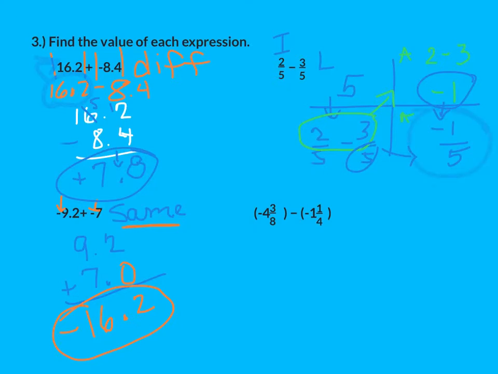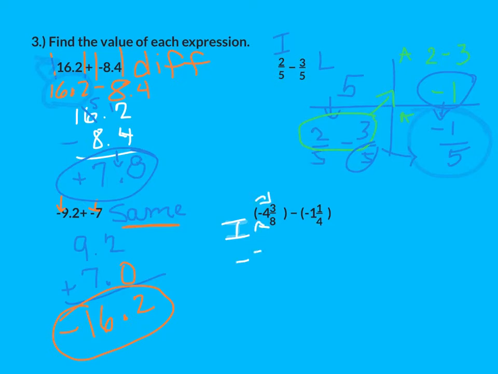Okay, for our next one, this is probably the most complicated of all of these, although it shouldn't be all that complicated. So I'm on my I section of I love eating apples and avocados. I have to change these, first of all, to improper fractions. So 8 times 4 is 32, plus 3 more is 35.